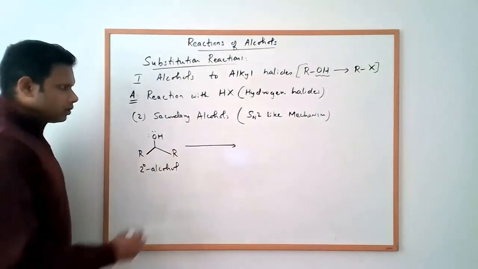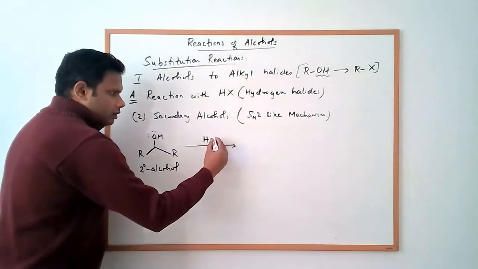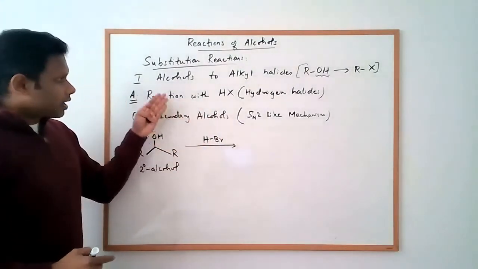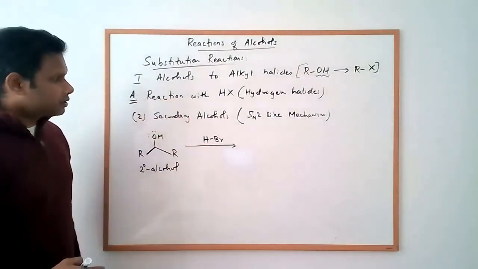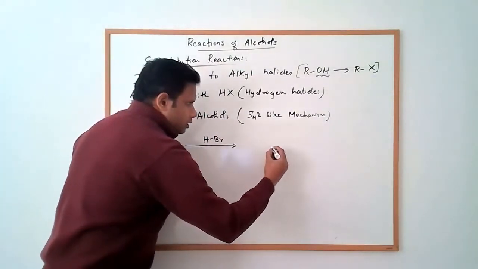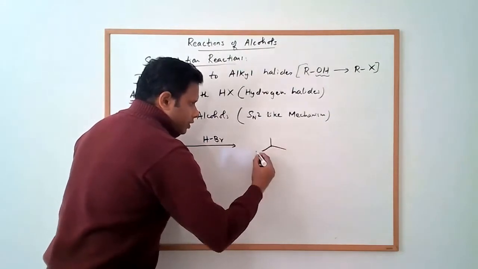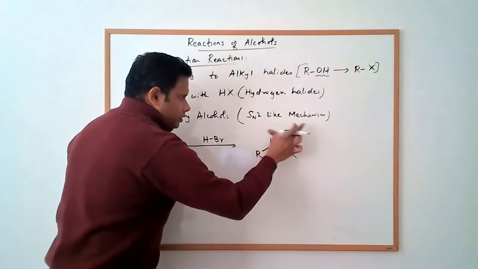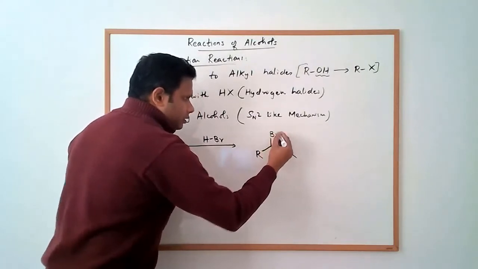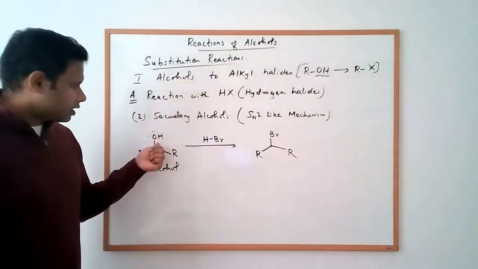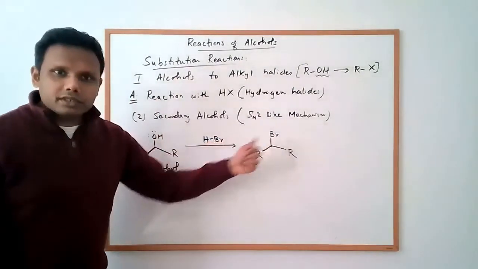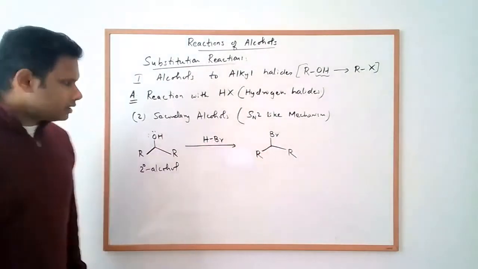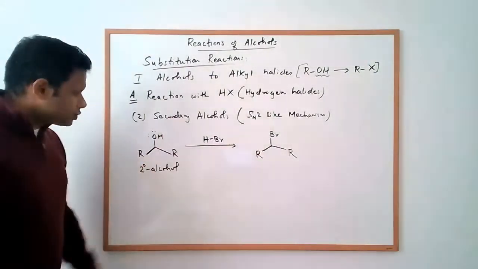When you react it with a hydrogen halide, because we're looking at the reactions of alcohols with hydrogen halides, your product is again going to be the alkyl halide. The hydroxyl group is replaced by that halogen, but the mechanism is now slightly different. It follows an SN2-like mechanism.